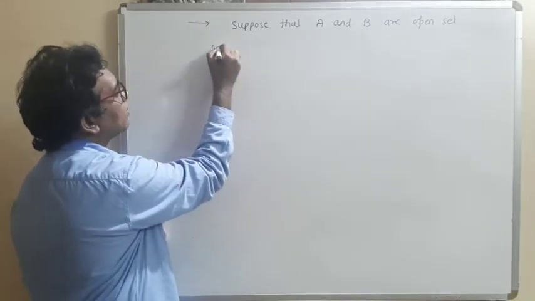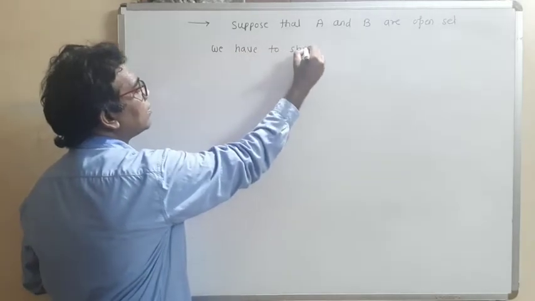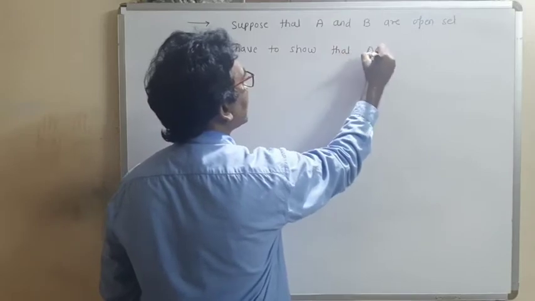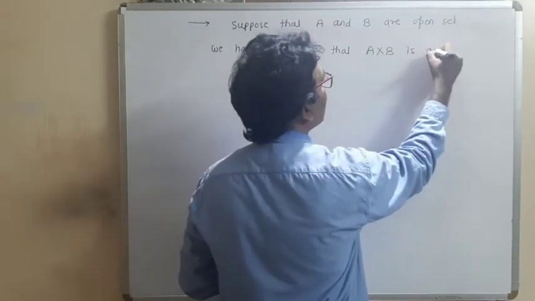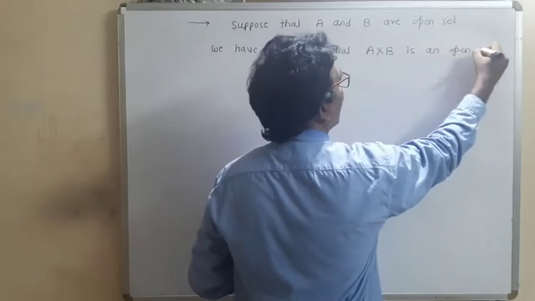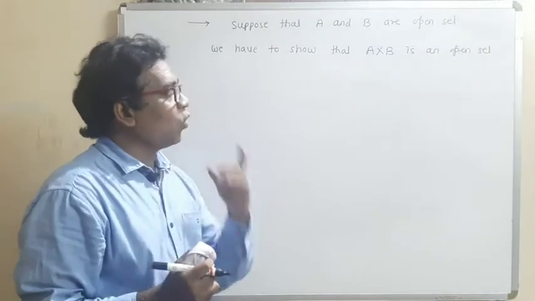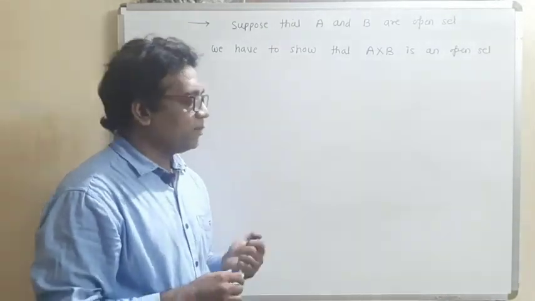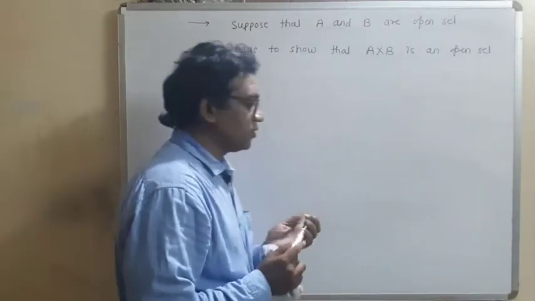So write down, we have to show that A cross B is an open set. So how to show that it is an open set? Open set means find some open sphere B with center at (a, b) and radius r, and show that it is a subset of A cross B.